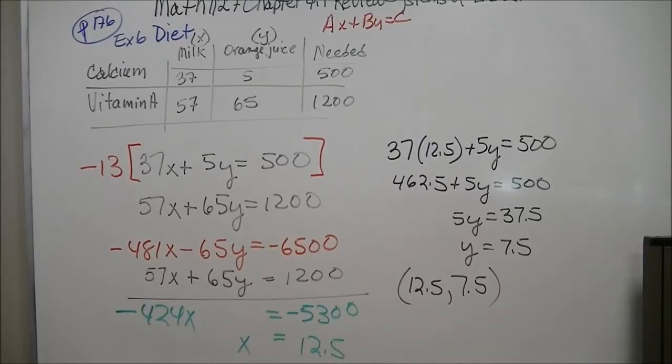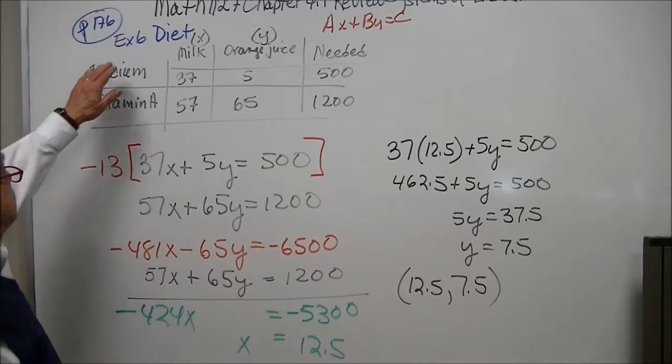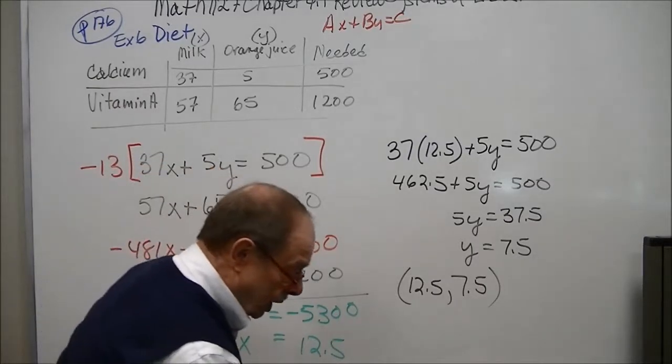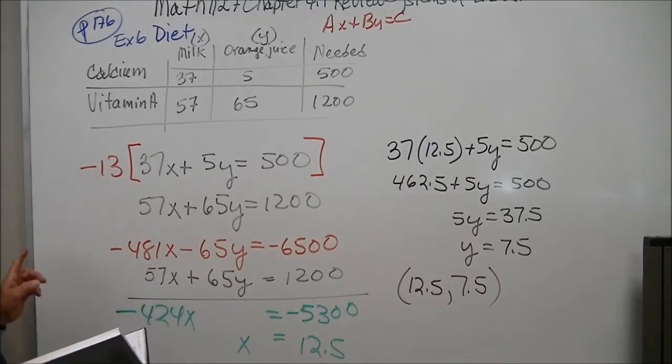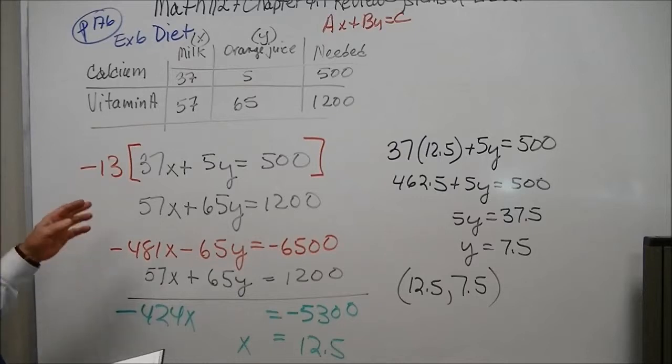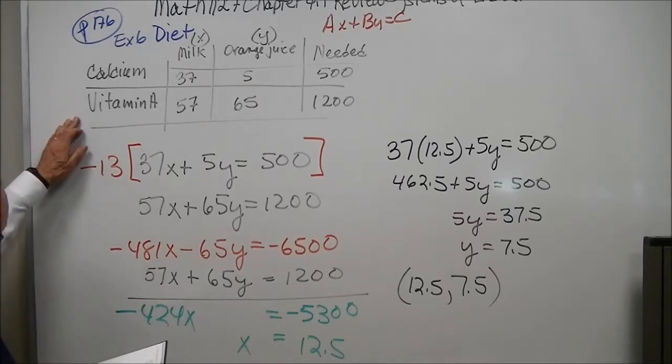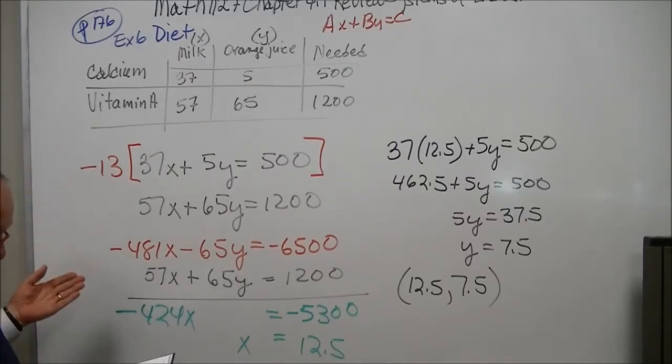Now, as we look at this next example, example 6, it starts on page 176, and it talks about Jasmine wants to use milk and orange juice to increase the amount of calcium and vitamin A in her daily diet.